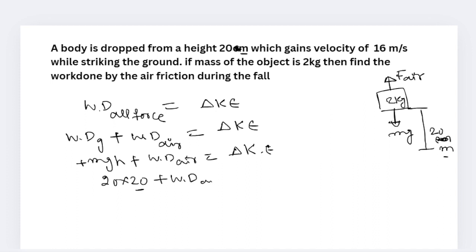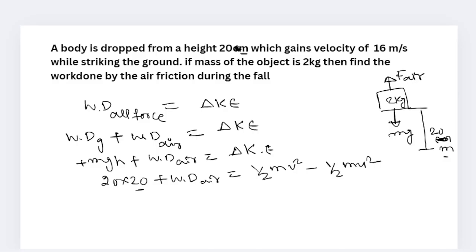Work done by the air is equal to the change in kinetic energy: final kinetic energy half m v squared minus initial kinetic energy half m u squared. 20 into 20 is 400.